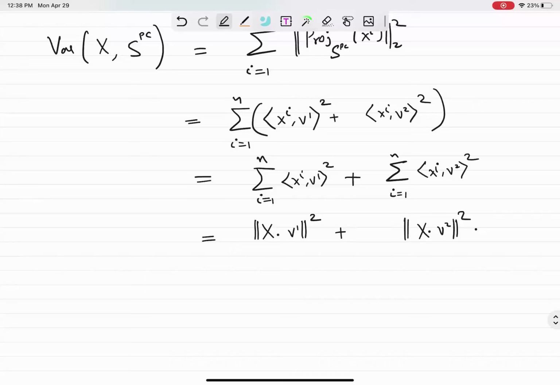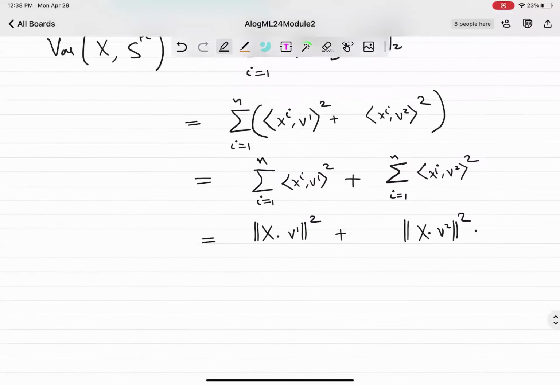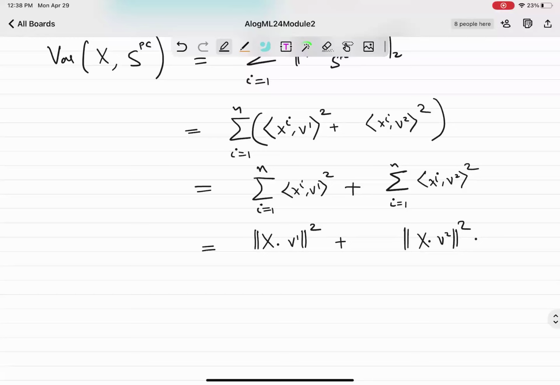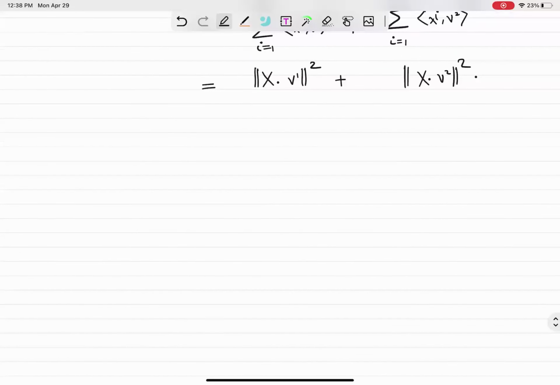Okay. All right. So what do we want to say? We want to say that SPC is the optimal value, is the highest value that you can get. So how can we show that? So pick any other subspace T. So let's say any other two-dimensional subspace.